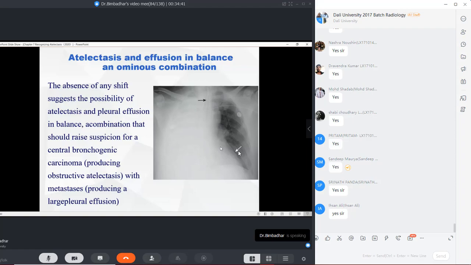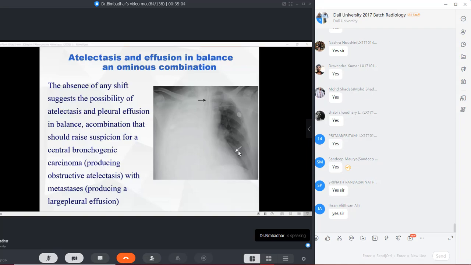Did you understand? So central bronchogenic carcinoma will not cause any tracheal shift or mediastinal shift. It is happening because of two conditions. One is obstructive atelectasis counteractively preventing the large pleural effusion force. Is this concept clear?